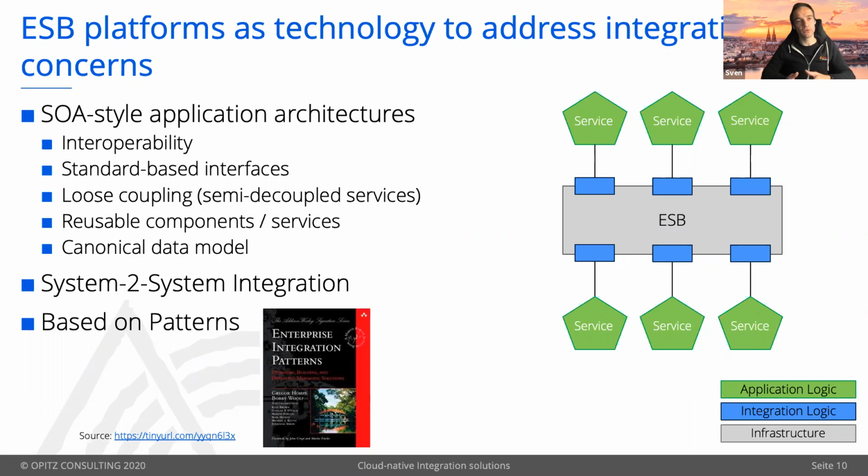But with SOA, we had some things which made it hard to implement, because there were a lot of discussions upfront before we were really getting things implemented. So we had to care about the data model, because data model and reusable services were one of the key concepts within SOA style application architecture.